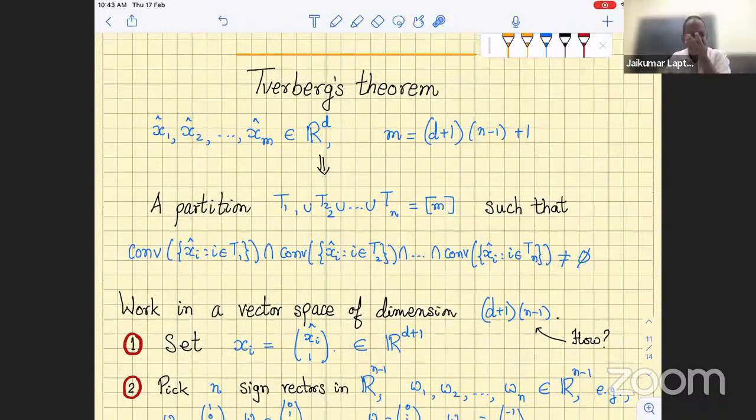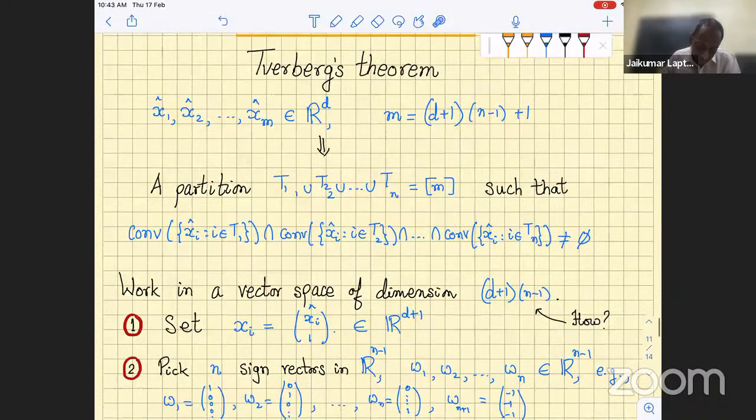Tverberg's theorem. What does Tverberg's theorem say? You have some m points. So now what we want is, instead of two sets, we want n sets. So we want to say, how many points must you give so that I can partition the points into n parts, not two parts. Two parts is Radon.